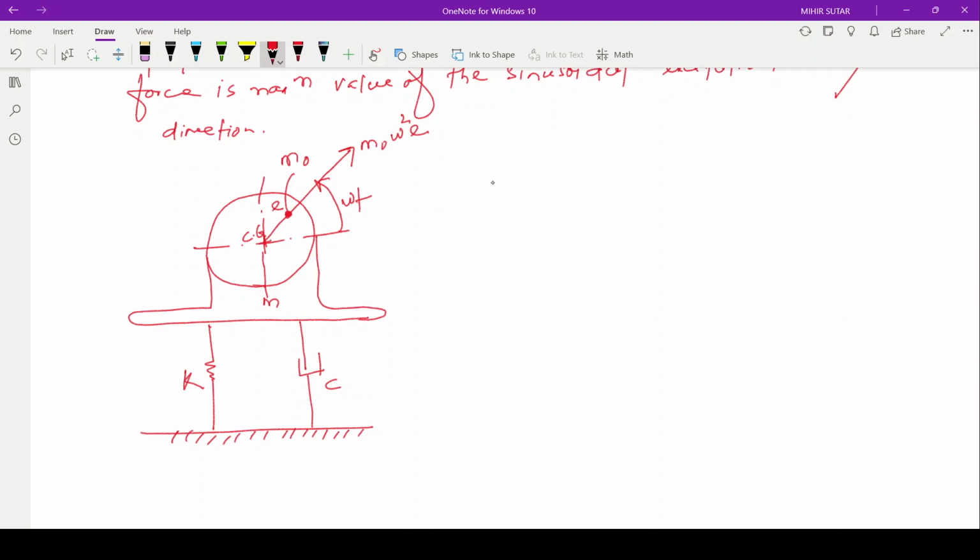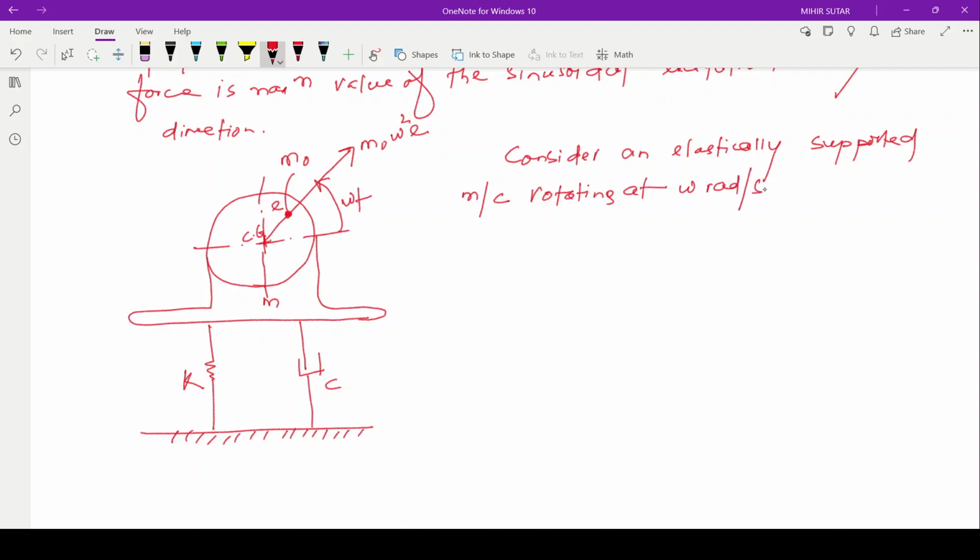So you can write here, consider an elastically supported machine rotating at omega radian per second.